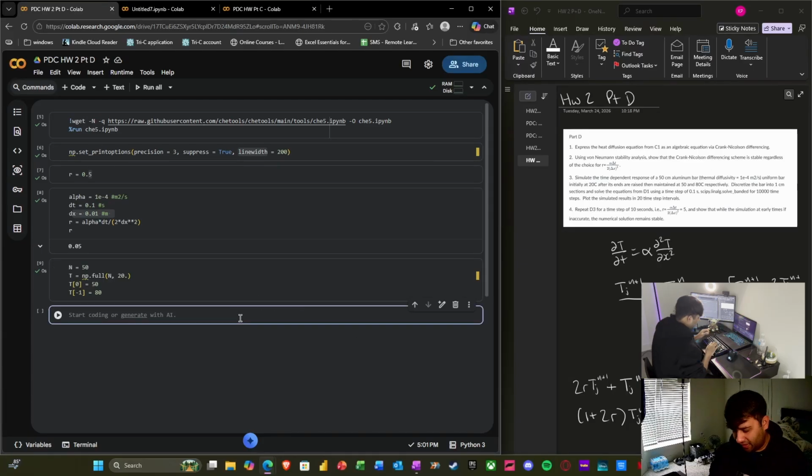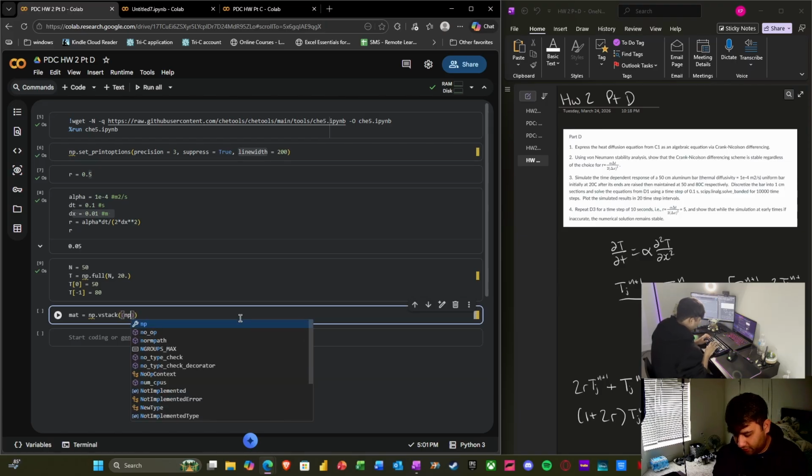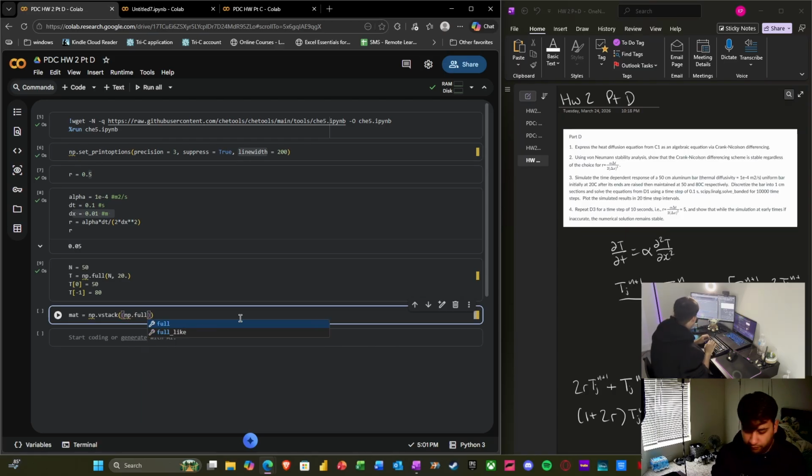Next, we're going to utilize a matrix of sorts. So we're going to be using something different this time. We're going to use vstack, and this will essentially help us solve our parameters without the need of redoing them by hand. So just do them all at once, which makes it more convenient.